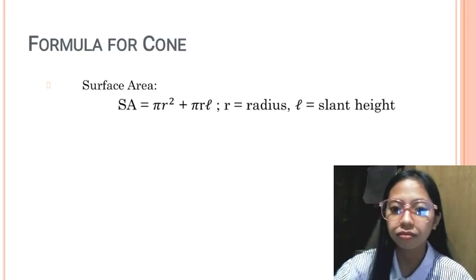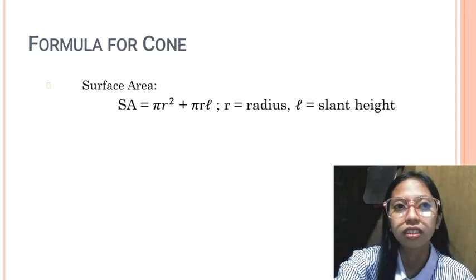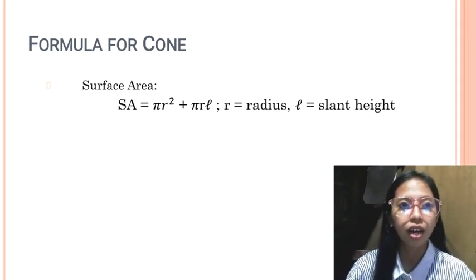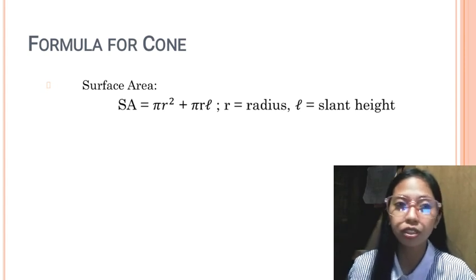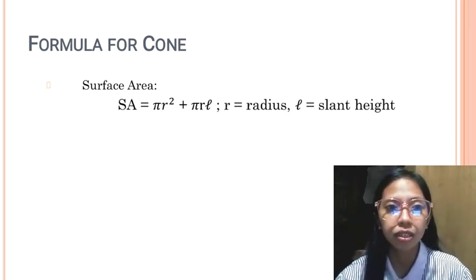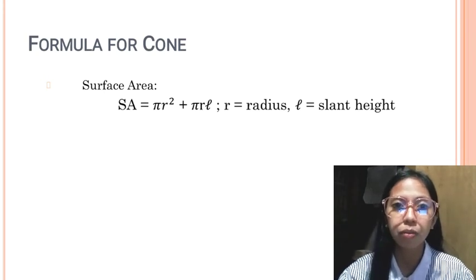So we will now move forward to solving for the surface area of a cone. In finding the surface area for a cone, you should use the formula surface area equals pi times radius squared plus pi times radius times slant height.